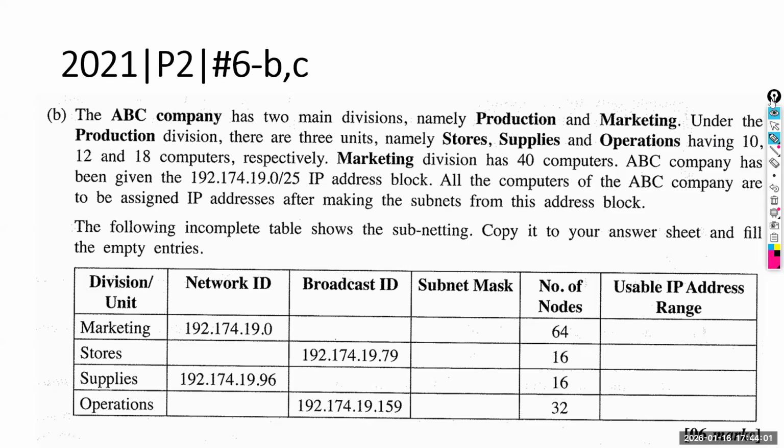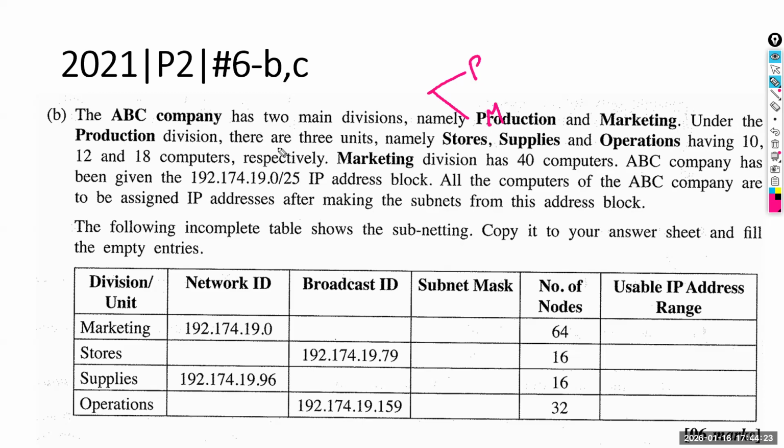So this is the 2021 paper. So let's read the question very carefully. ABC company has two main divisions, namely production and marketing. That means you have production and marketing.